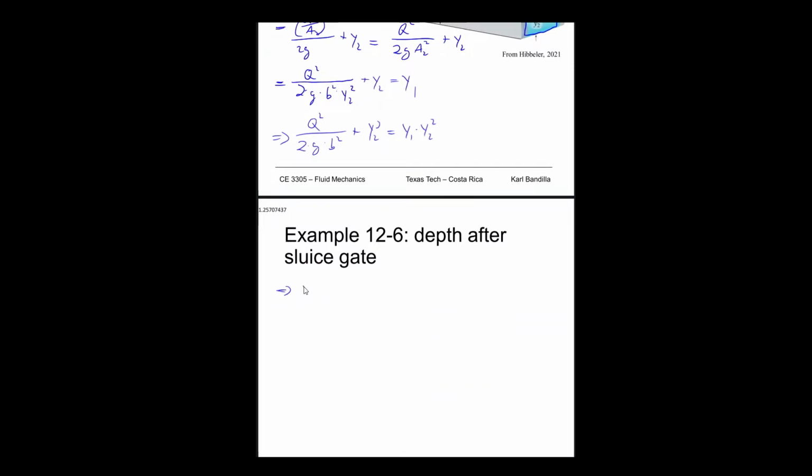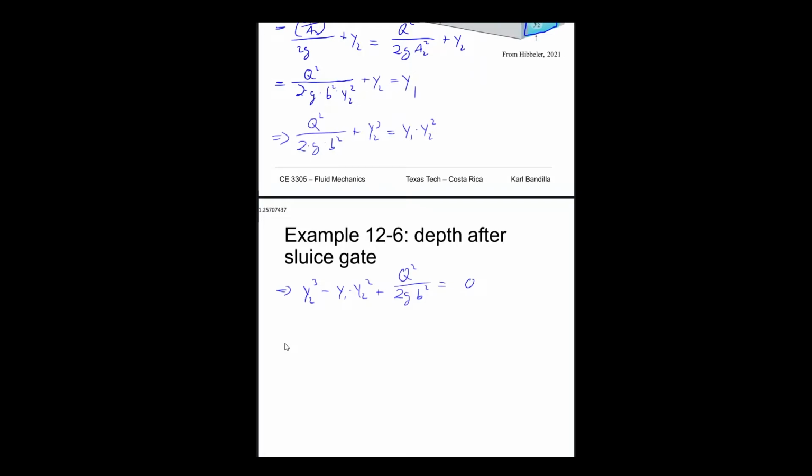We can rewrite that as y2 to the third power minus y1 times y2 squared plus Q squared over 2g b squared is equal to 0.